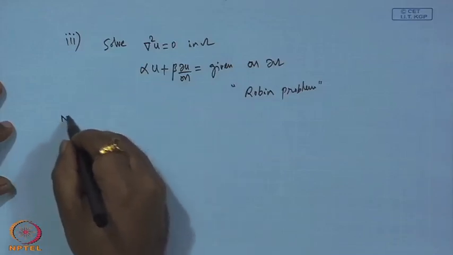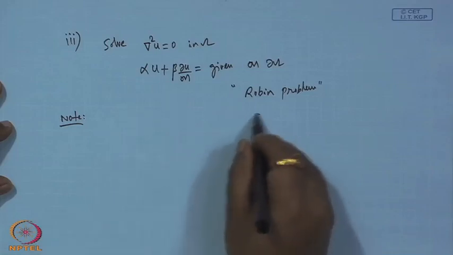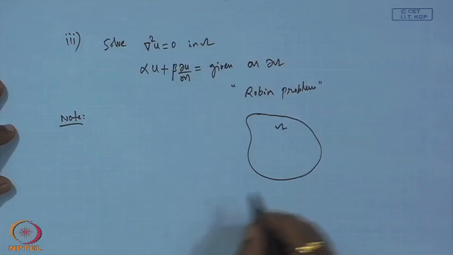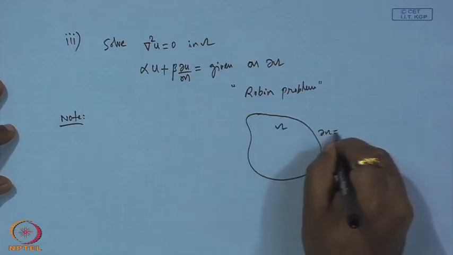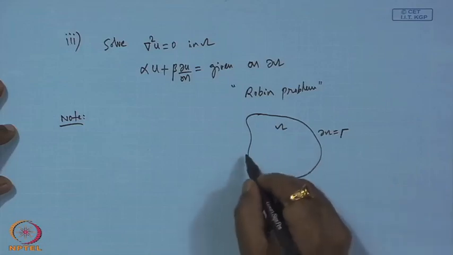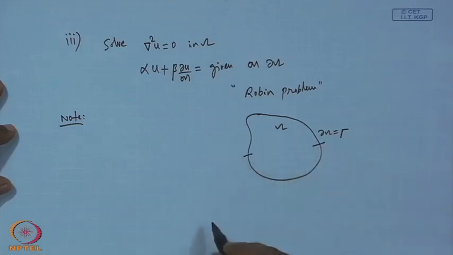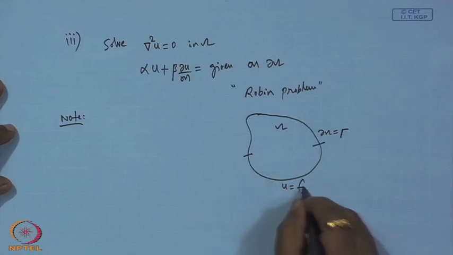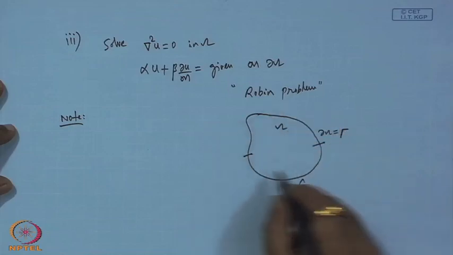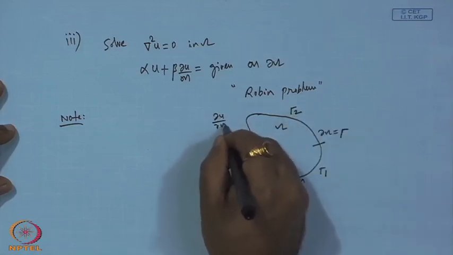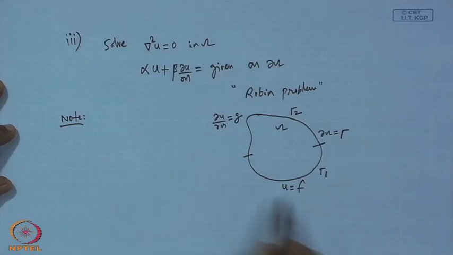However, one note. For example, this is your omega, and this is the boundary. If you want to prescribe part of it, say u equals f here, call this gamma 1, and call this gamma 2, with g there, this is quite possible.